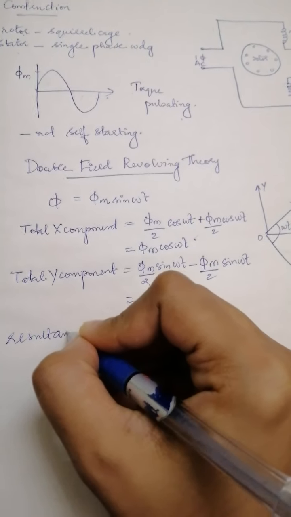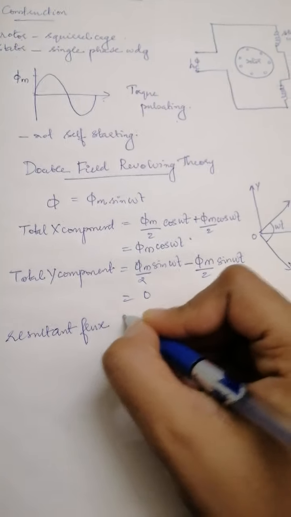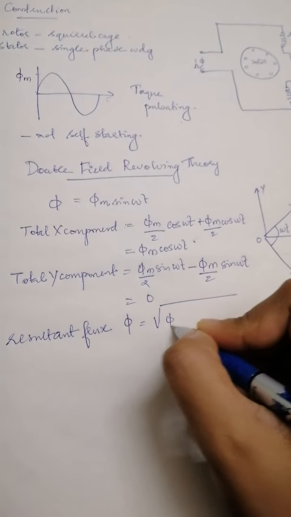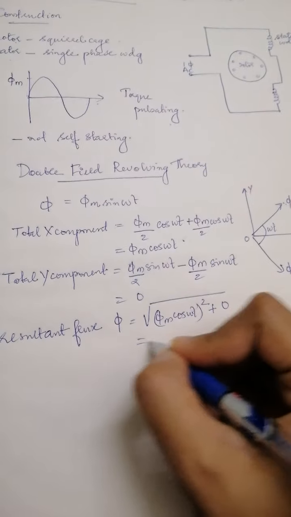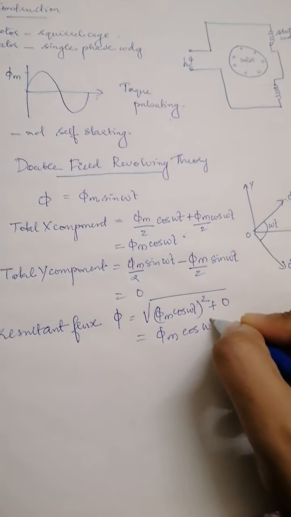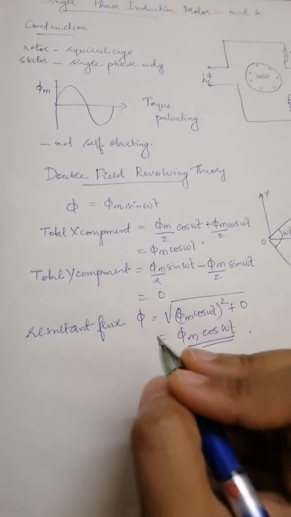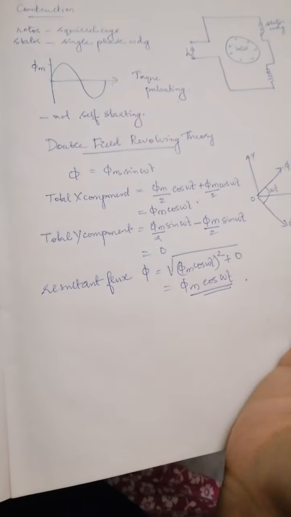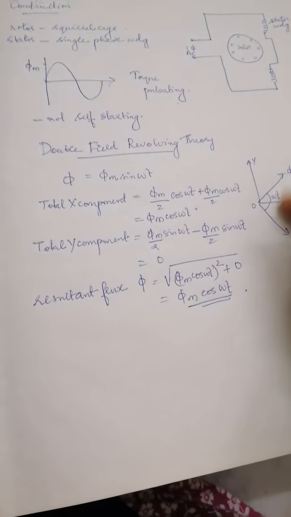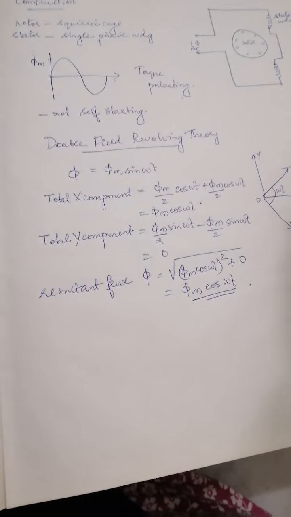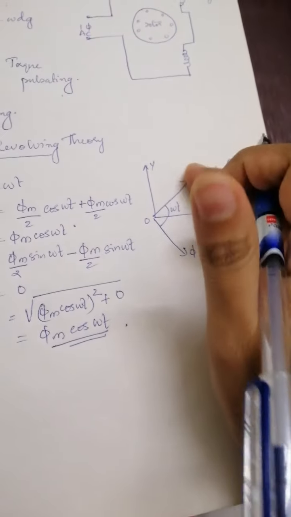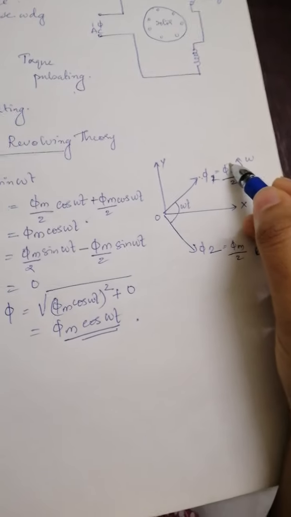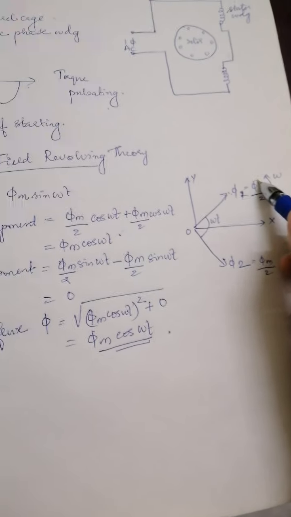So, the resultant flux phi can be written as square root of phi m cos omega t the whole square plus 0, which is equal to phi m cos omega t, which shows that an alternating field can be represented by two rotating fields of half its amplitude rotating in opposite directions.